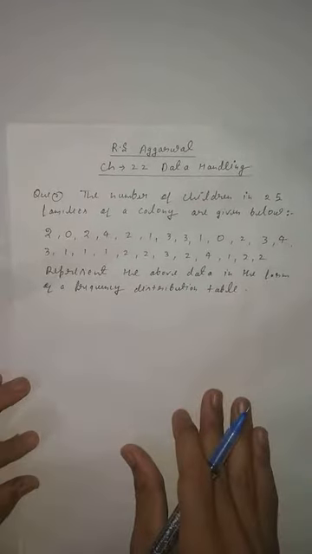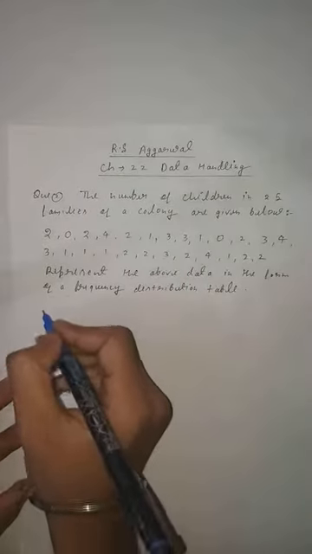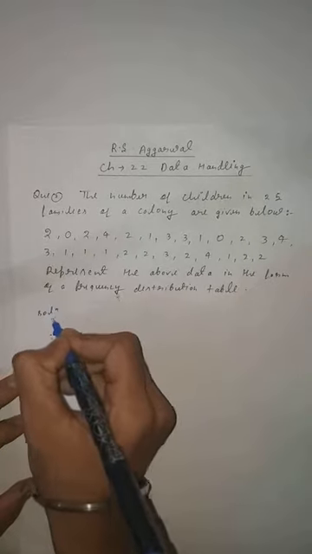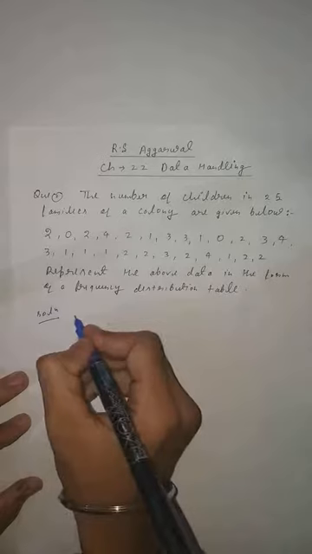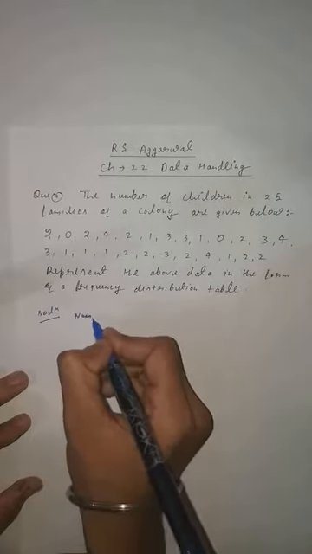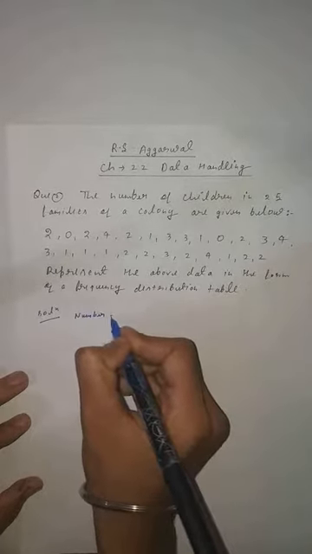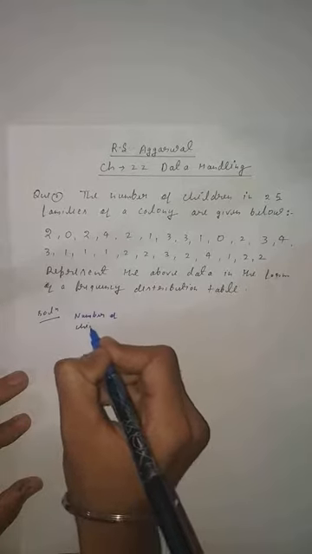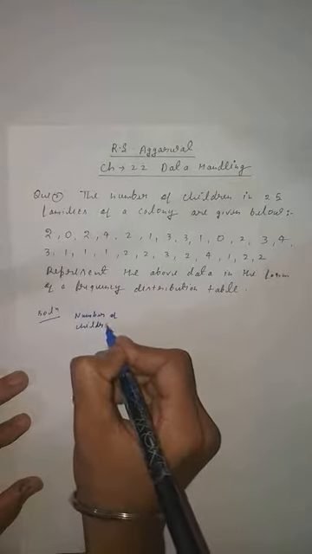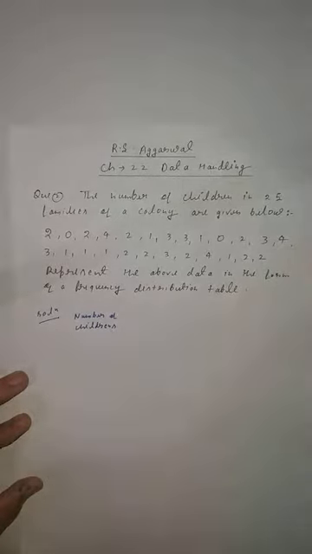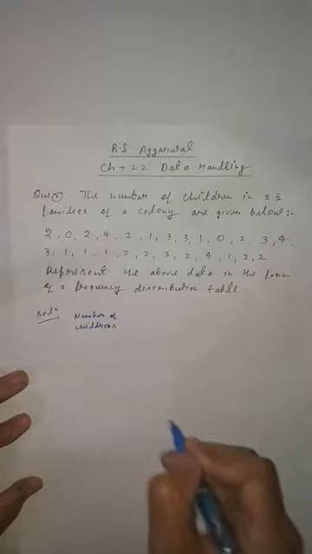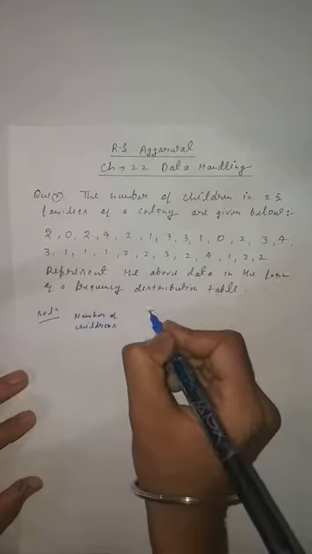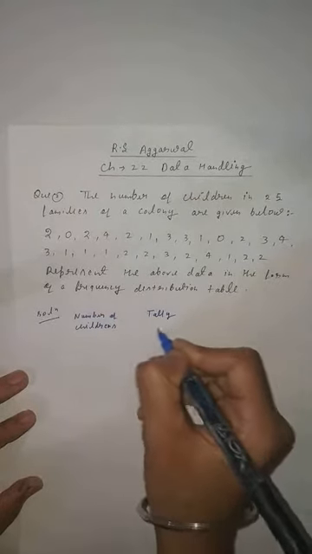First you will write here the solution. First you will write down number of children. Second you will write down tally marks.